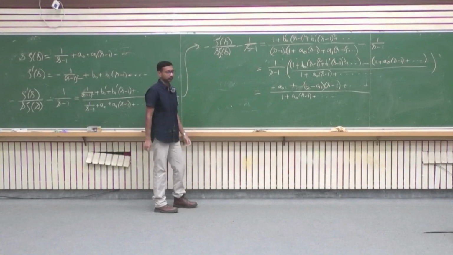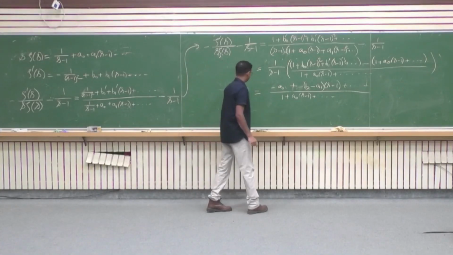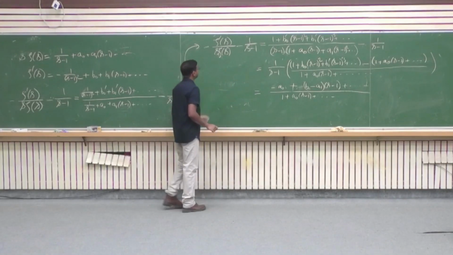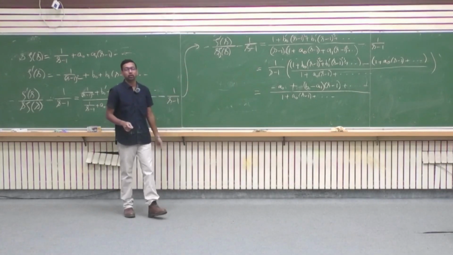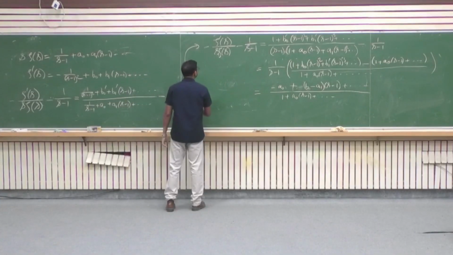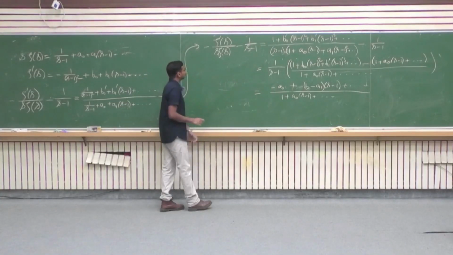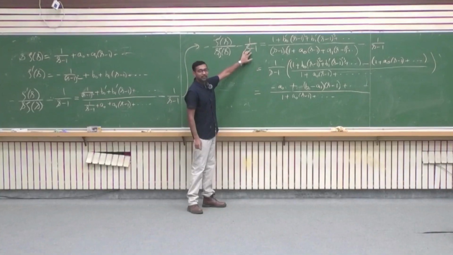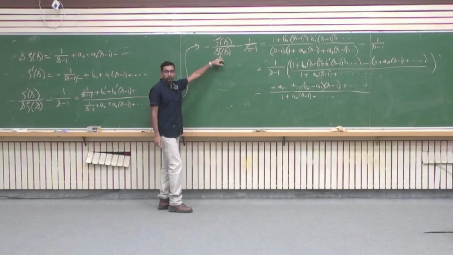Now we have to show that this doesn't have a pole on the line where the real part of s is equal to 1. On the real line, except at the point 1, this will not make a problem, so the only problem can come from here.